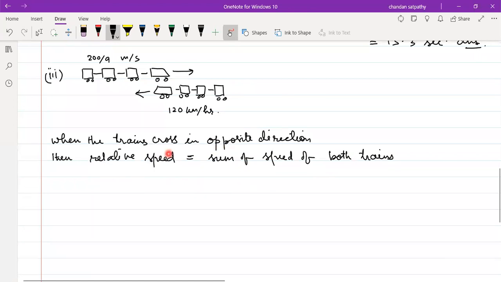So remember, whenever the train cross in opposite direction, the relative speed will be equal to sum of speed of both trains. Okay.